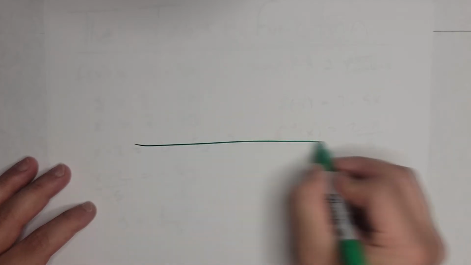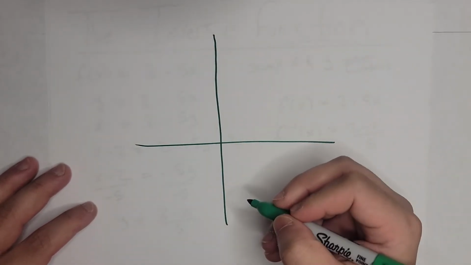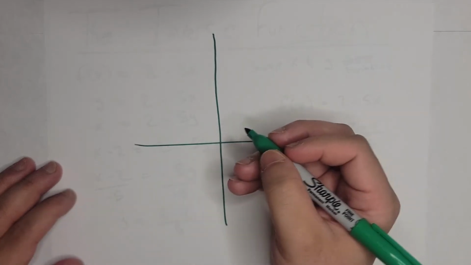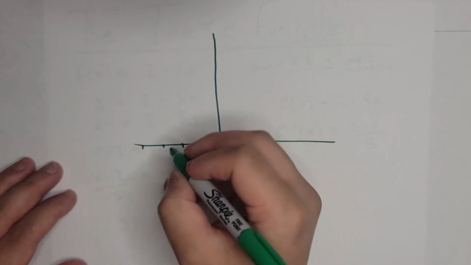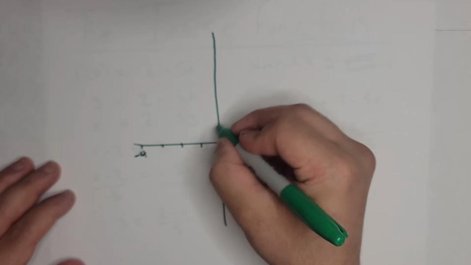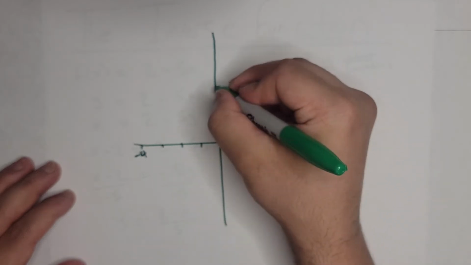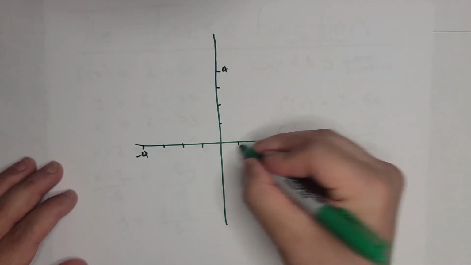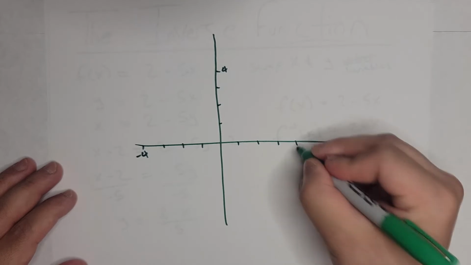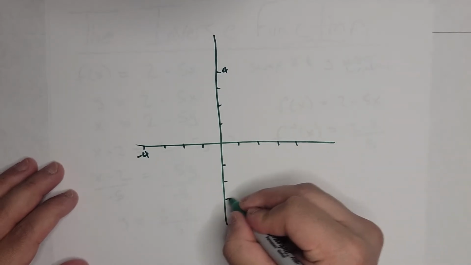Let's look at a plot. Let's say we had 1, 2, 3, 4. That's negative 4. Let's say we had 1, 2, 3, 4. That's positive 4. Let's say we had 1, 2, 3, 4 on the other axis too.